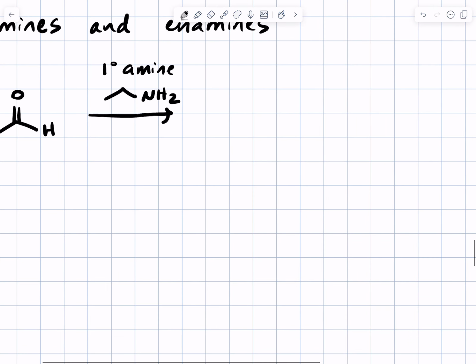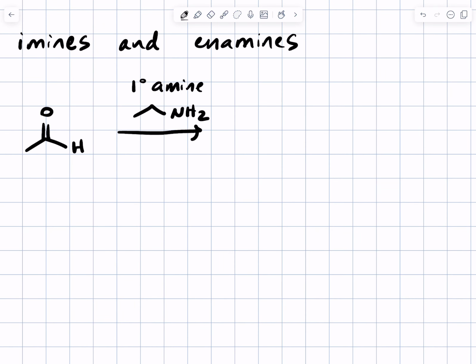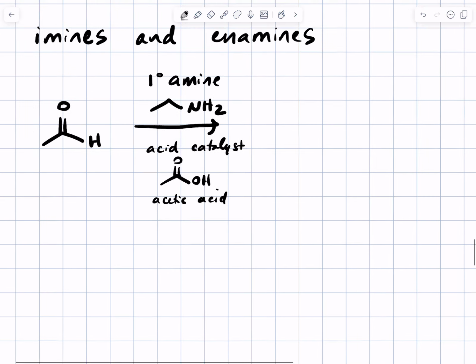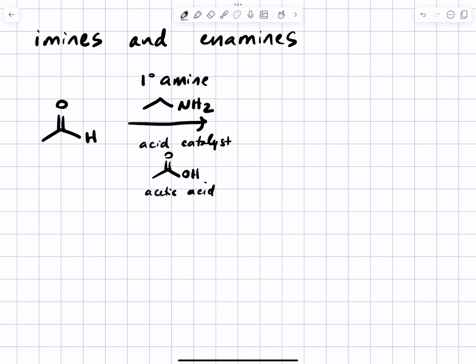And usually we need an acid catalyst. A common one that's used in your book is acetic acid. Various mechanisms can be drawn for this reaction.